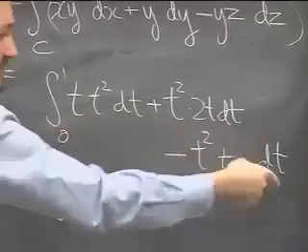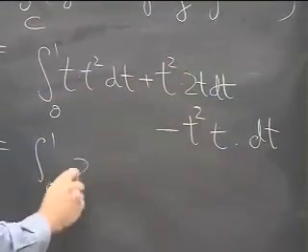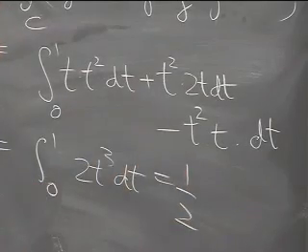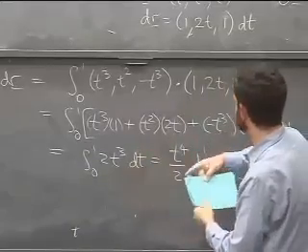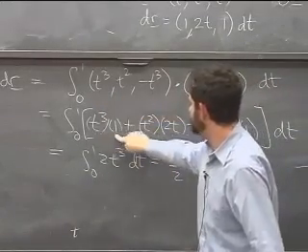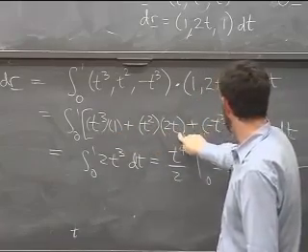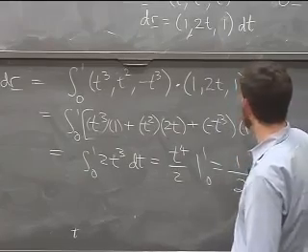It's just that each piece has a dt, but you collect them together, you get t cubed plus 2t cubed dt, which is a half. So I just want to emphasize that that's exactly the same as what we did over here. There's no difference. It's just I kind of assembled them differently. There's the xy dx, which is here, with the dt included. The same with the y dy and the z dz, or the minus yz dz.